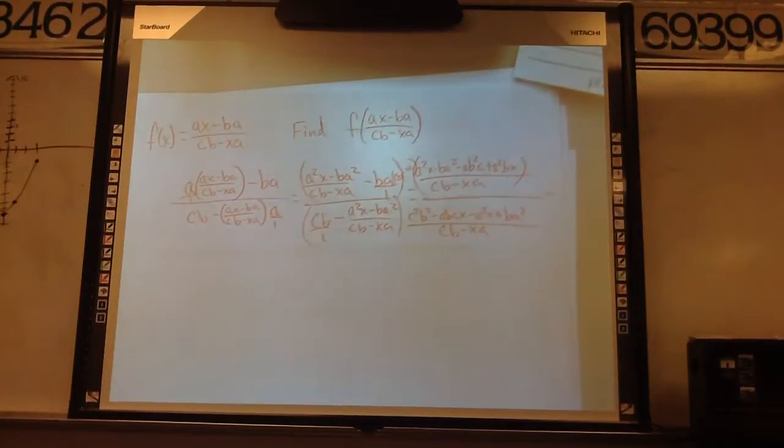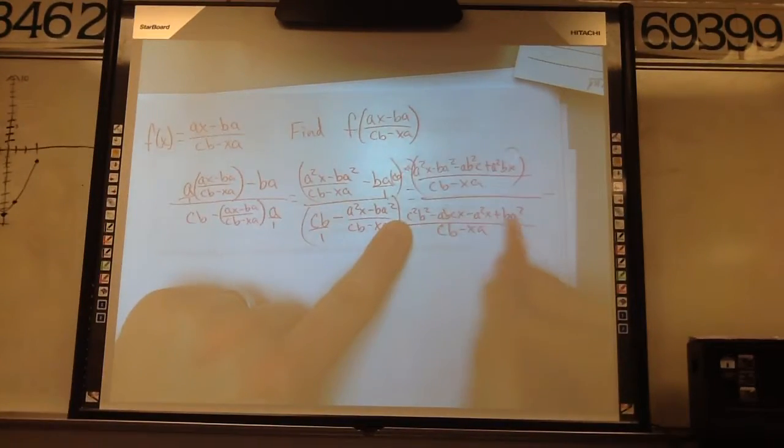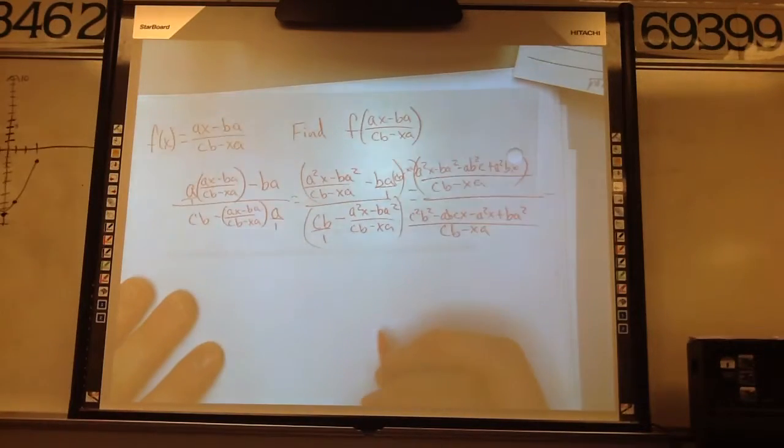Nothing adds or goes away. Now flip it and multiply.